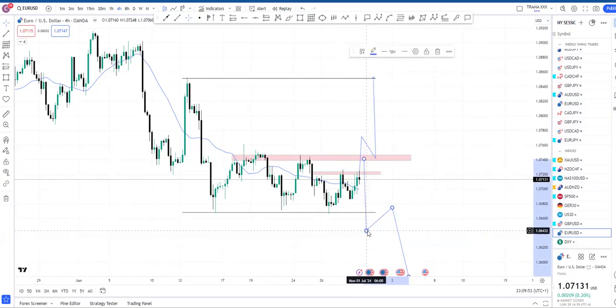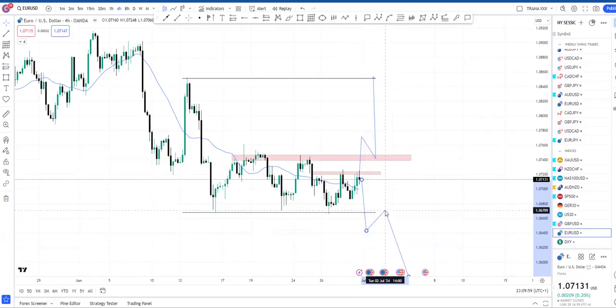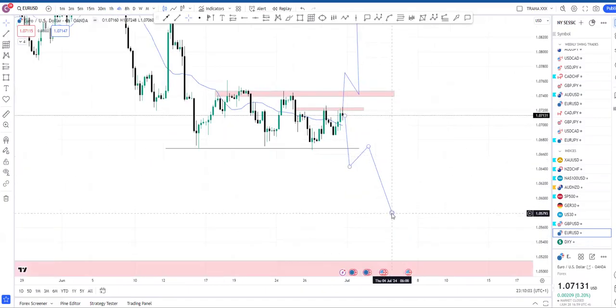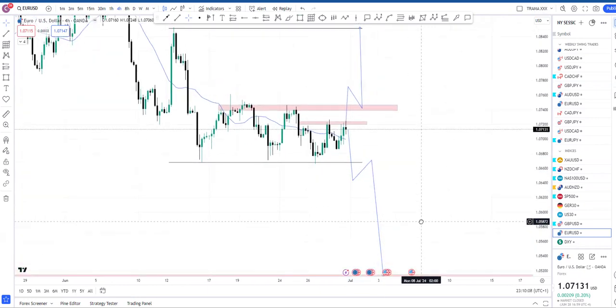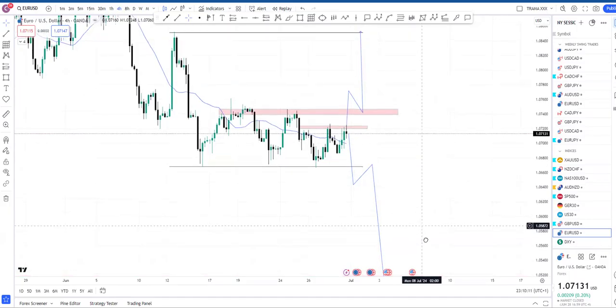So wait for price to break out of that level, let's say price breaks down and breaks out of that level, wait for a retest on that, and then we'll get a sell. And then we can target this low as our TP. That will be at 1.05200.